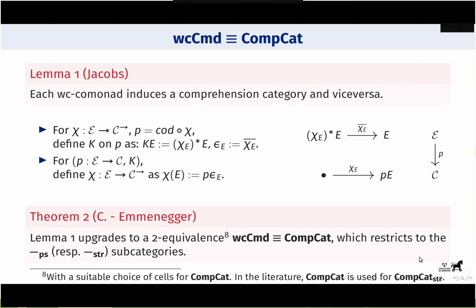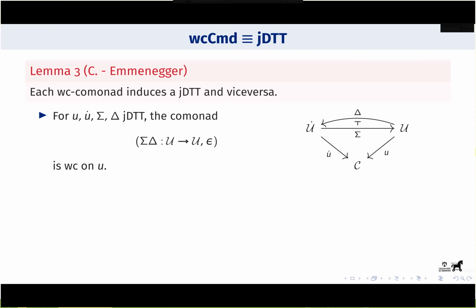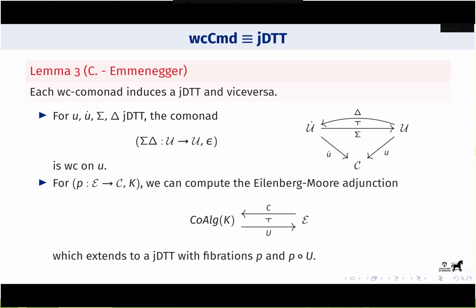The WC comonads also act well with judgmental dependent theories. For starters, when we start from an adjunction, then we can define the comonad, which is actually sigma delta, as we said, which performs the extension. And on the other side, whenever we have a comonad, we can compute the Eilenberg-Moore adjunction, and we can show it extends to a judgmental dependent theory.